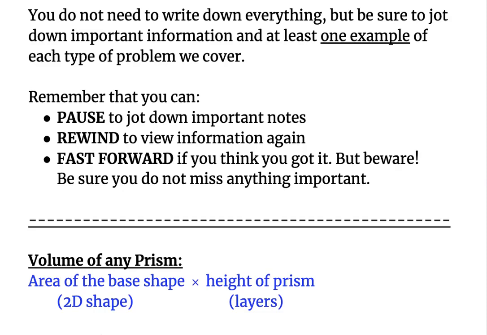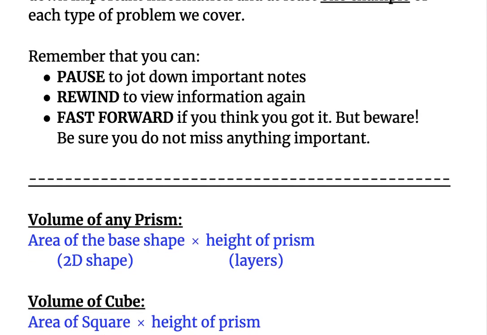So then to create a shortcut, instead of just adding all those layers, we're just going to take that area and multiply by the number of layers. So that's why the volume of any prism is the area of the base shape, that 2D shape, multiplied by the height of the prism because that tells us the layers.